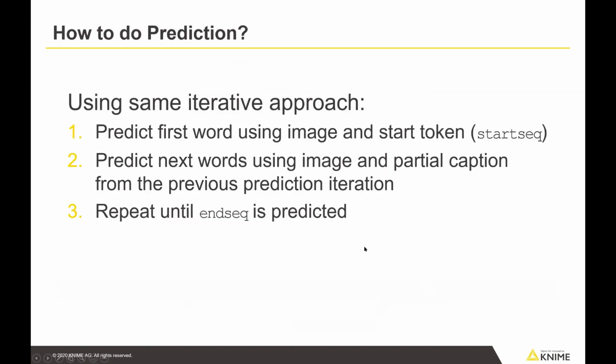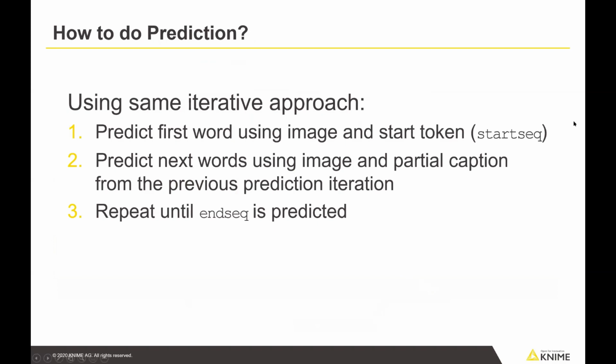In a little bit more detail, this iterative approach for the prediction looks like this. First, when we predict the caption for a new image, we predict the first word using the image as input and the start token as the partial caption. This results in a predicted next word.